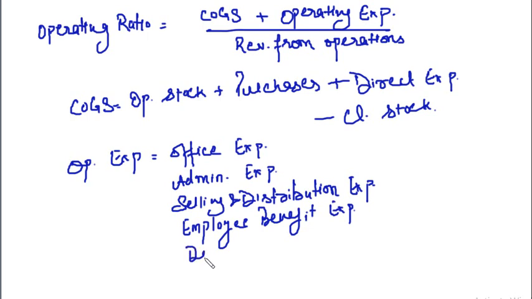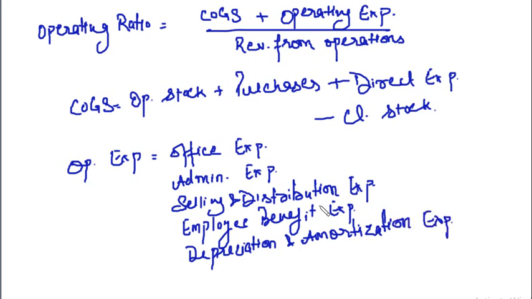Then we have depreciation and amortization expenses. Depreciation is for the assets. Assets are directly related to the operations of the business. How? Because you are using those assets in manufacturing the product. So these are broadly the operating expenses, right? So cost of goods sold plus the operating expenses divided by revenue from operations is our operating ratio.